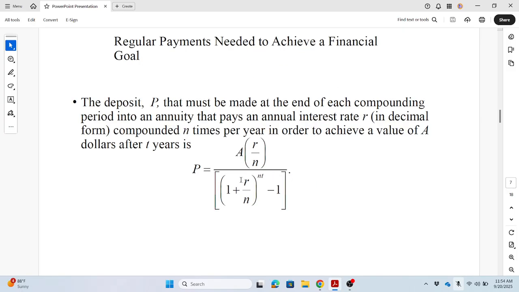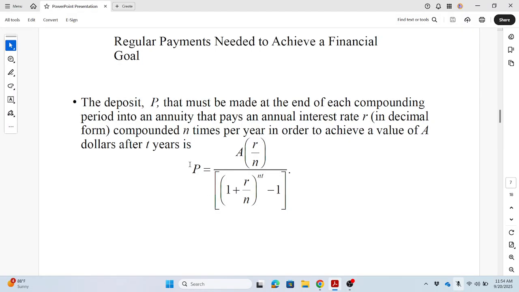Okay, so the deposit. Let's say you already know the amount A you want after a certain time. For example, you want to save 450k in 30 years, and there is a package which pays you R percent as an interest rate.